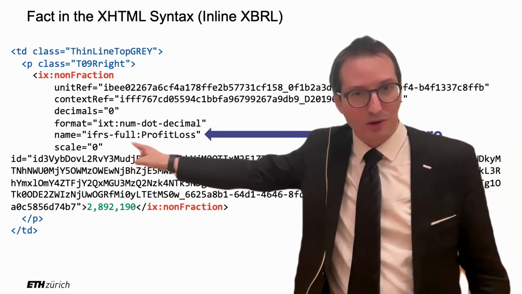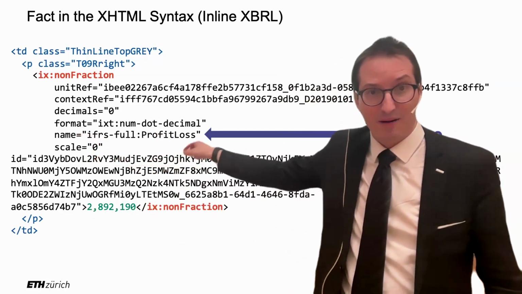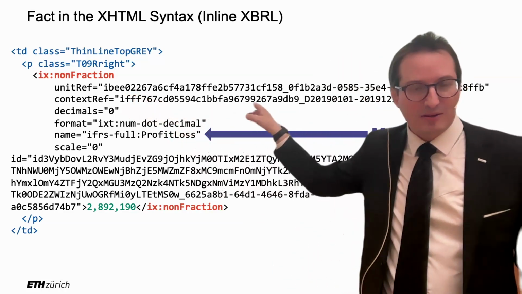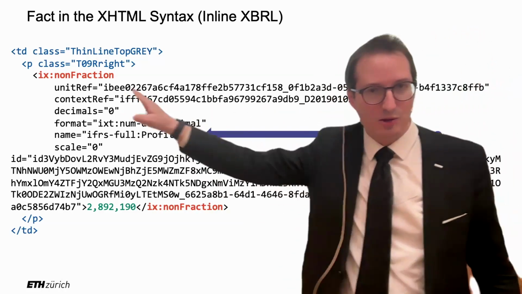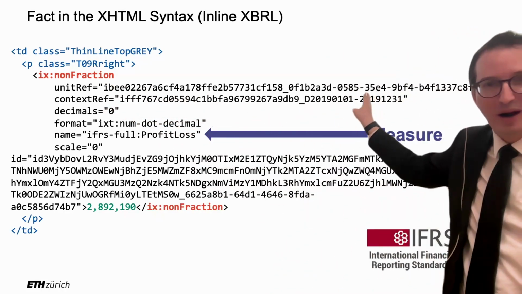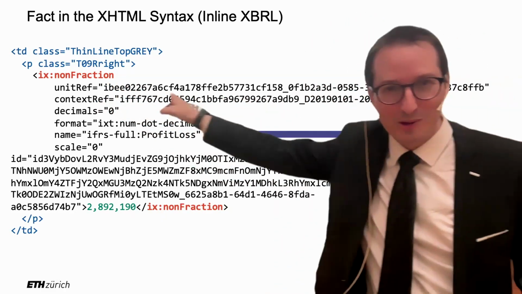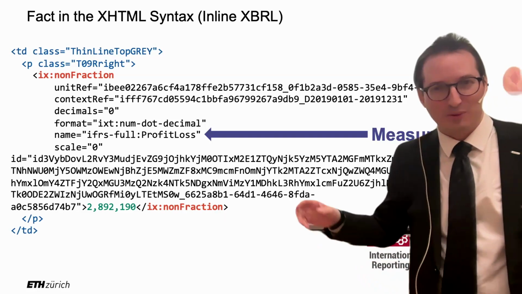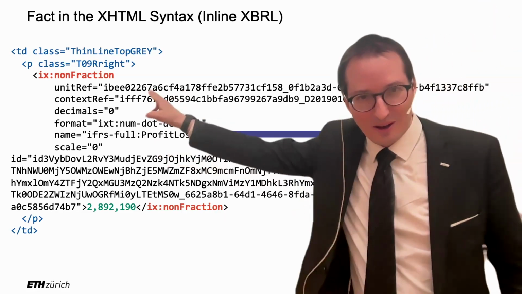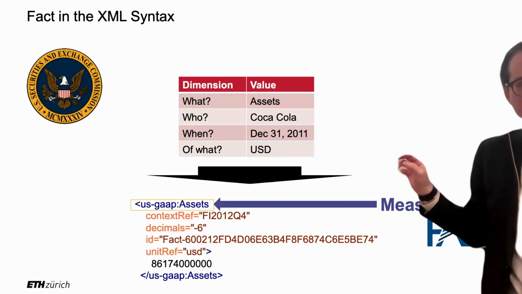So this here is a measure. We call it concept in XBRL for a specific context. So a specific company, period, and so on, and a specific unit, which I have no idea why they did. It's just euros, right? But somehow instead of saying euros, they want this fancy ID, but whatever. Okay, so profit loss in euros and for a specific context.